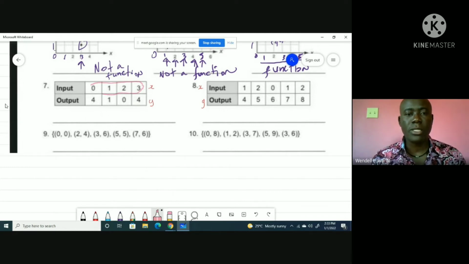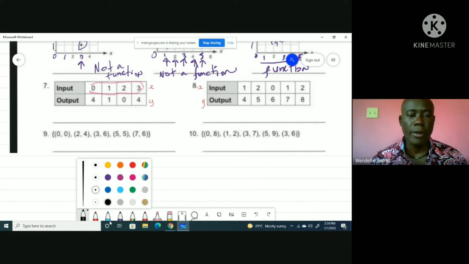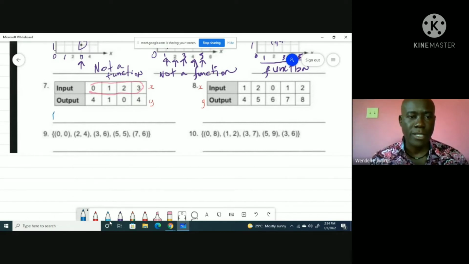Now we want to note, we want to make sure that we're seeing where each would have only 1. For example, you're seeing that 0. Let me just write it on the line before we draw the conclusion. We're seeing here where 0 is linked to 4. I'm seeing where 1 is linked to 1. 2 is linked to 0.